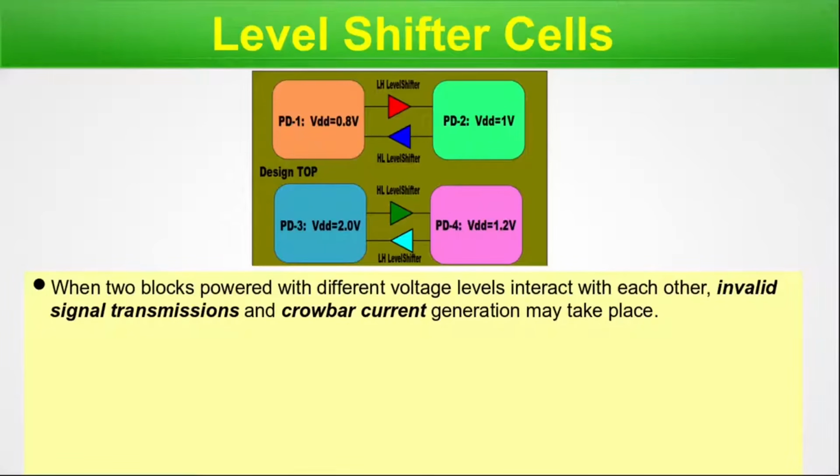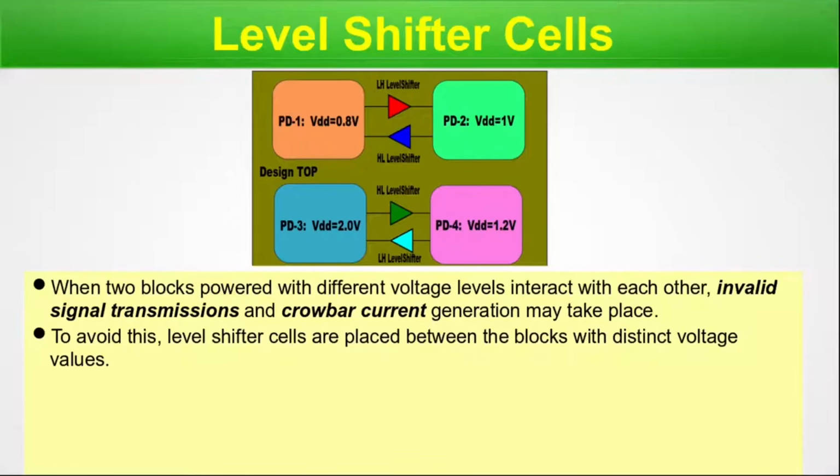When two blocks powered with different voltage levels interact with each other, invalid signal transmission and crowbar current generation may take place. So that is what we just discussed. And to avoid this, level shifter cells are placed between the blocks with distinct voltage values.